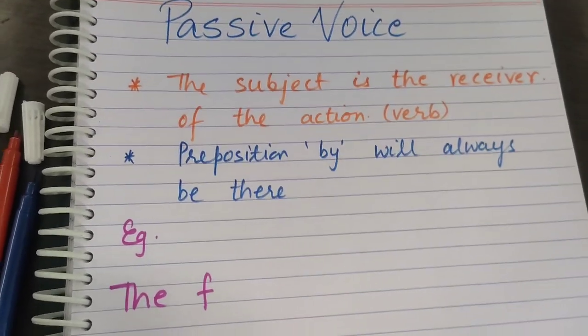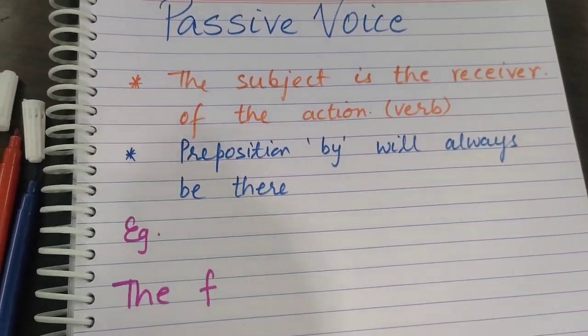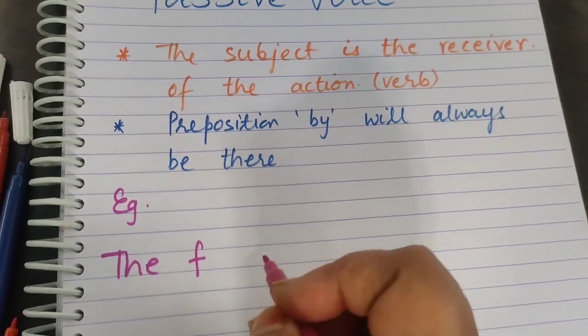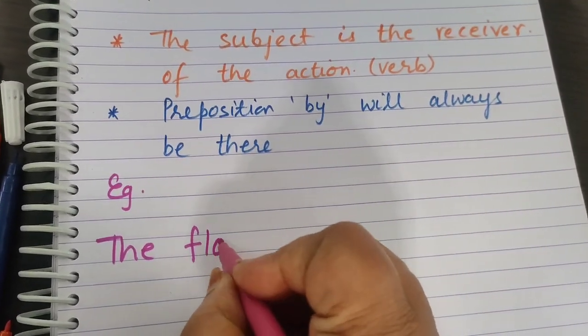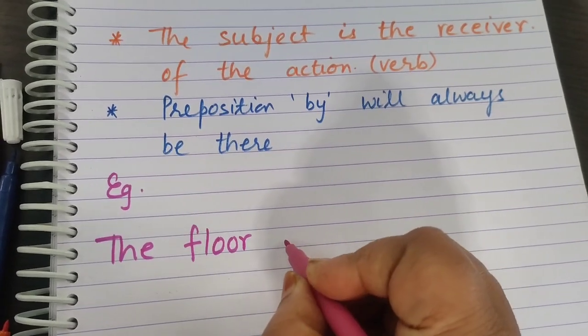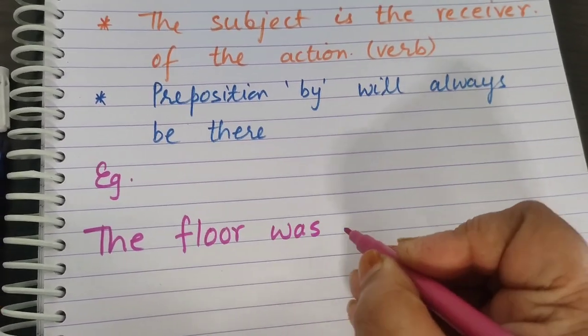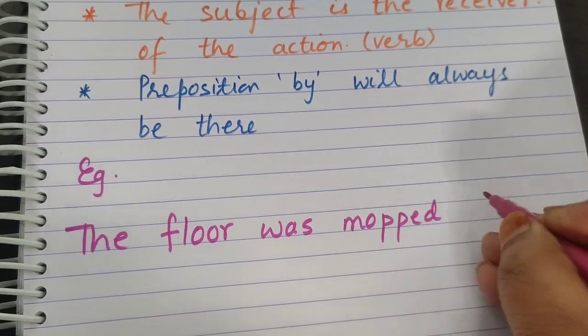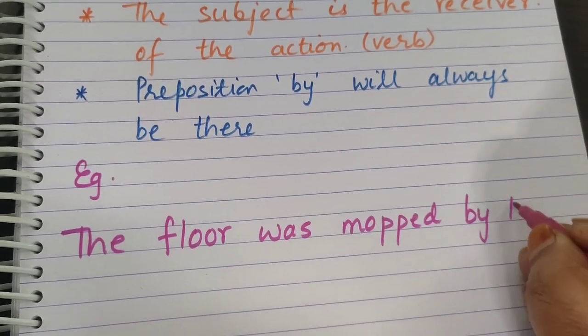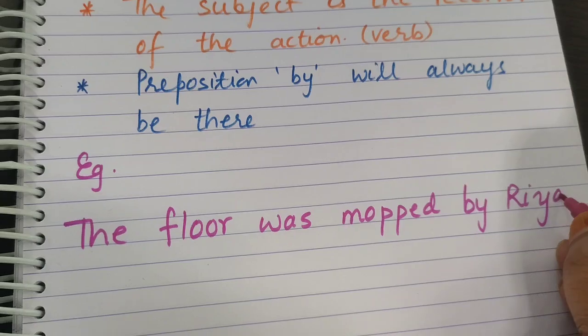Okay, now I'll again continue with an example. The same example that I took for active voice, again I'm taking the same example for passive voice, but I'm converting it into passive voice. The floor was mopped by Riya.